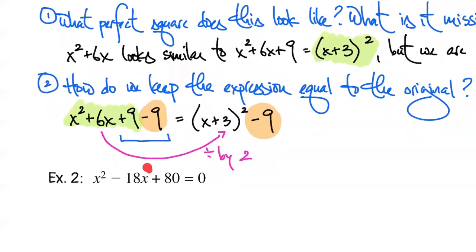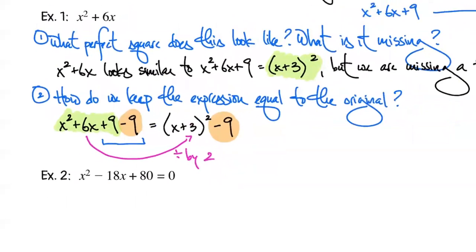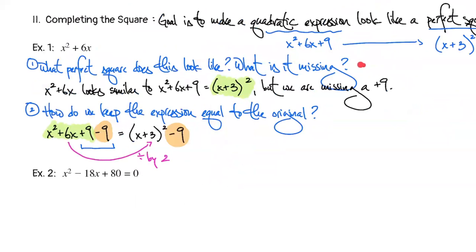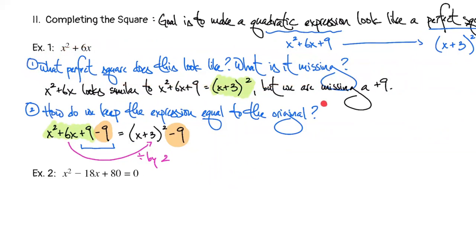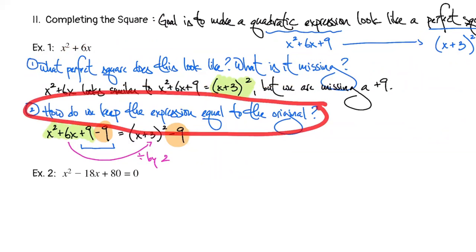And so I want us to zoom in and focus on just the x squared minus 18x part, okay? And I want us to ask ourselves the same two questions. What perfect square does this look like and what is it missing? And after we identify that, how do we keep the expression equal to the original?